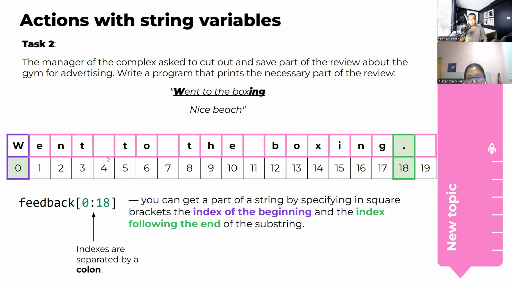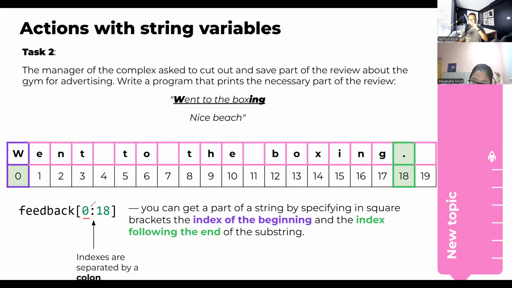Pretty simple. You can use the same slicing method, but this time you have to use two parameters. The first one is the start index, then separate it by the colon, and then the last one is the last index, the start and the finish.